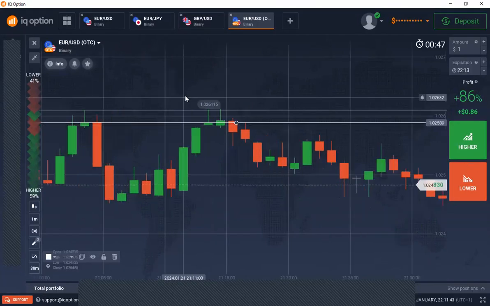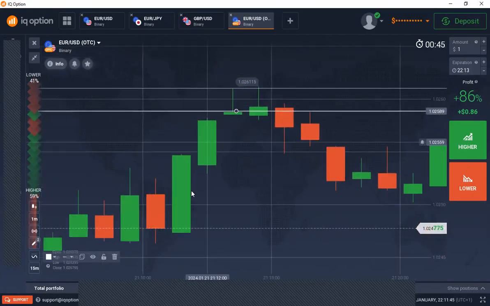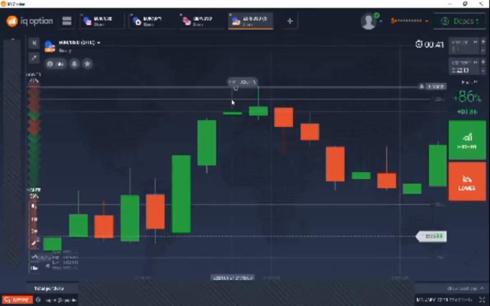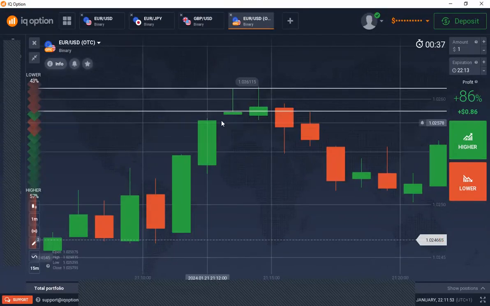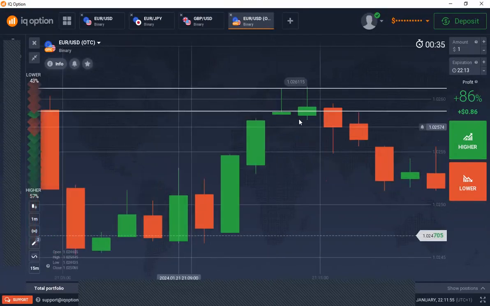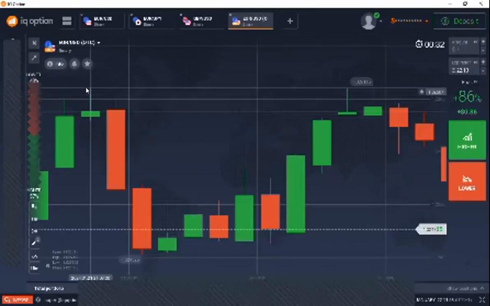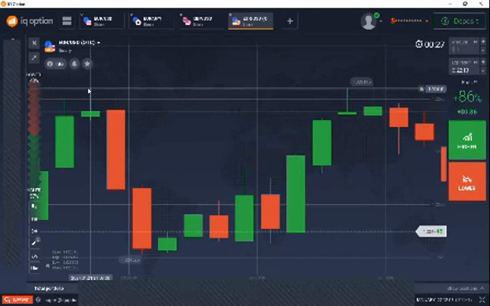Okay. Now what do you observe? See that when the buyers again rise to that level, we have a rejection from sellers. Then the candle closes below the line. See the first line here, placed at the highest wick, the highest shadow.